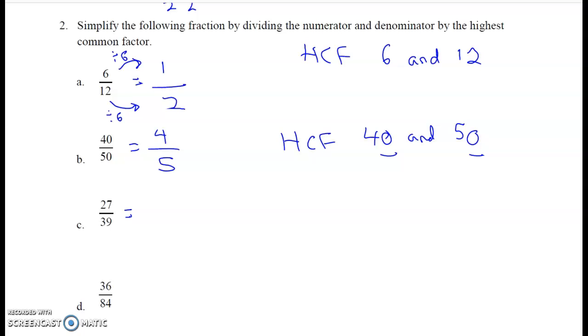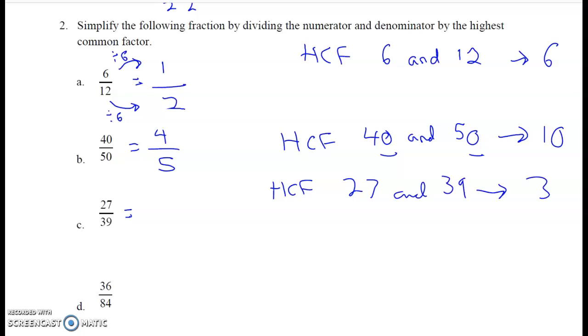So it seems like 3 is going to be the highest. So the highest common factor of 27 and 39 is going to be 3. And so if we divide 27 by 3, we get 9. If we divide 39 by 3, we get 13.